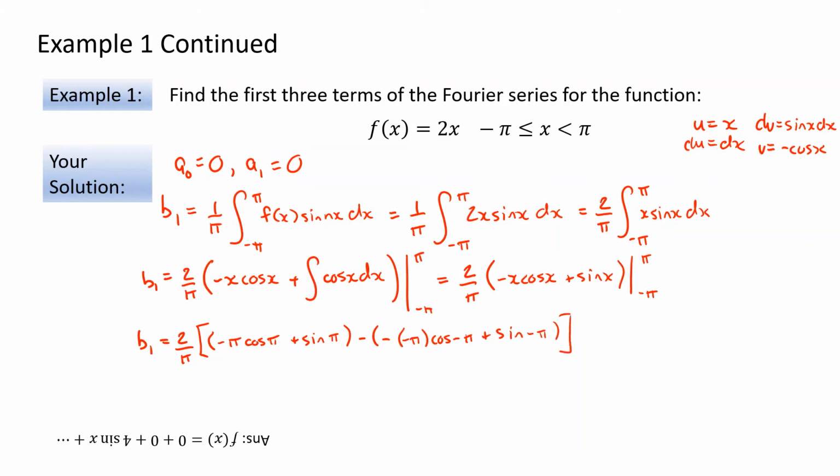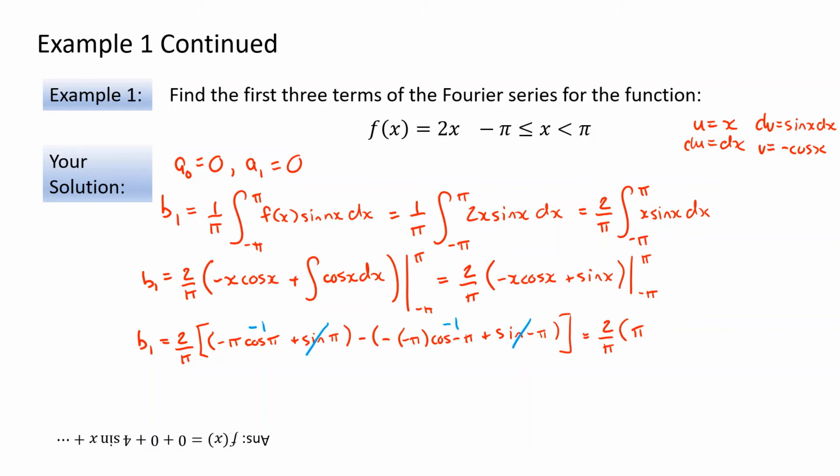Okay, so we know that the sine of pi is 0 and the sine of negative pi is 0. Remember those graphs. The cosine of negative pi is -1, and the cosine of pi is -1. So in your first term, you have negative pi times -1, which is positive pi. So you get 2 over pi times, the first instance is positive pi.